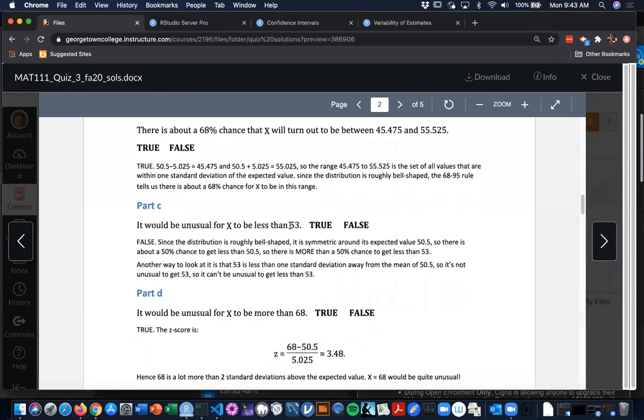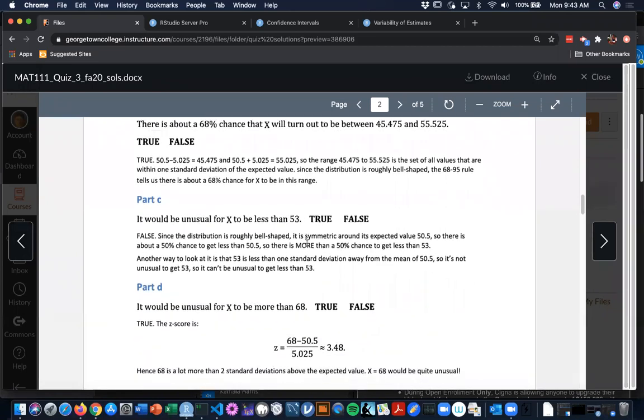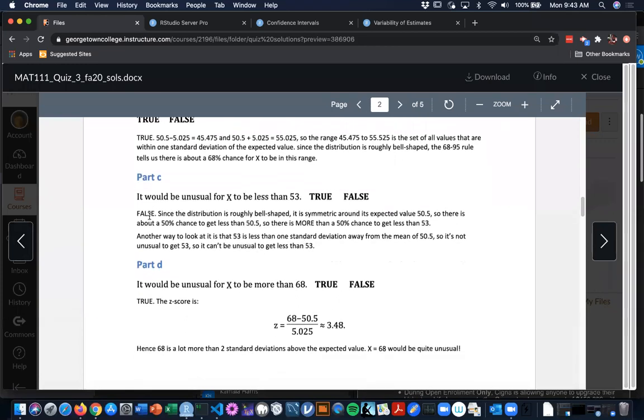Would it be unusual for X to be less than 53? That would be false. One way to see this is to think about that roughly bell-shaped distribution. Picture a bell-shaped distribution in your head, and right in the middle on the x-axis, stick 50.5. The distribution is symmetric around 50.5.